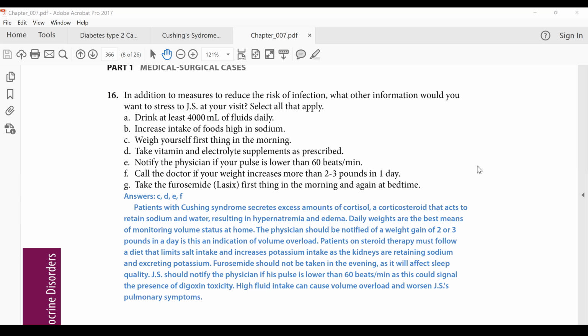So we're watching for hypokalemia, hyperglycemia, infections, risk of skin breakdown, and emotional support. What I would do is a comparison and contrast between Cushing's and Addison's disease. That's how you understand the difference between the two, or which one has what.